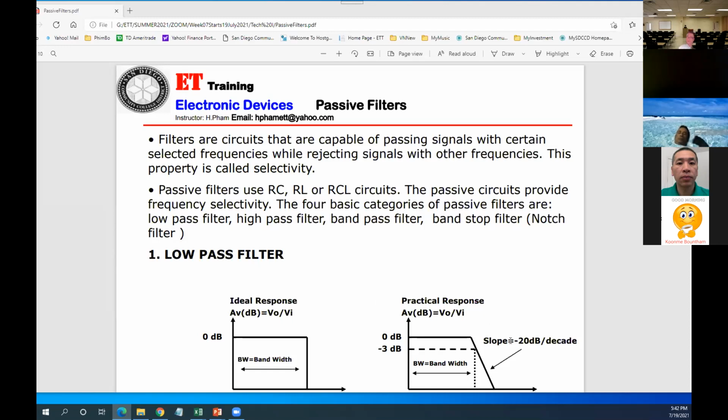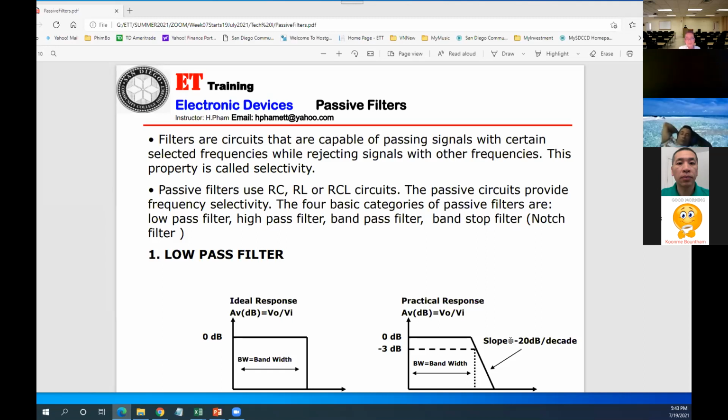So now we're talking about filter. Basically, you get two different kinds. One they call a passive filter. That means in the circuitry, they're using RCL, just passive components. However, in electronics, you can learn the same thing.